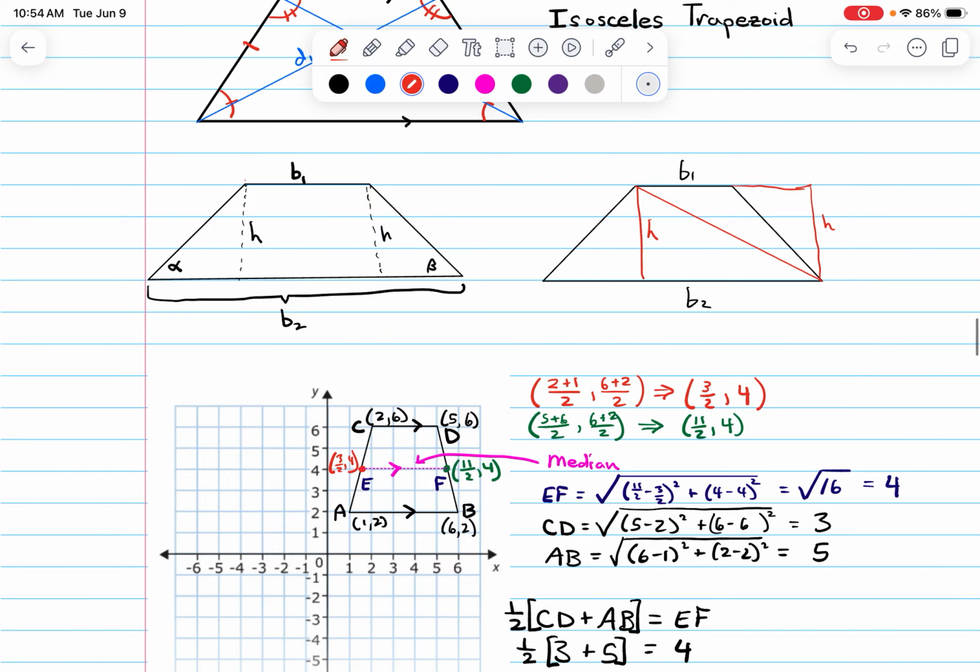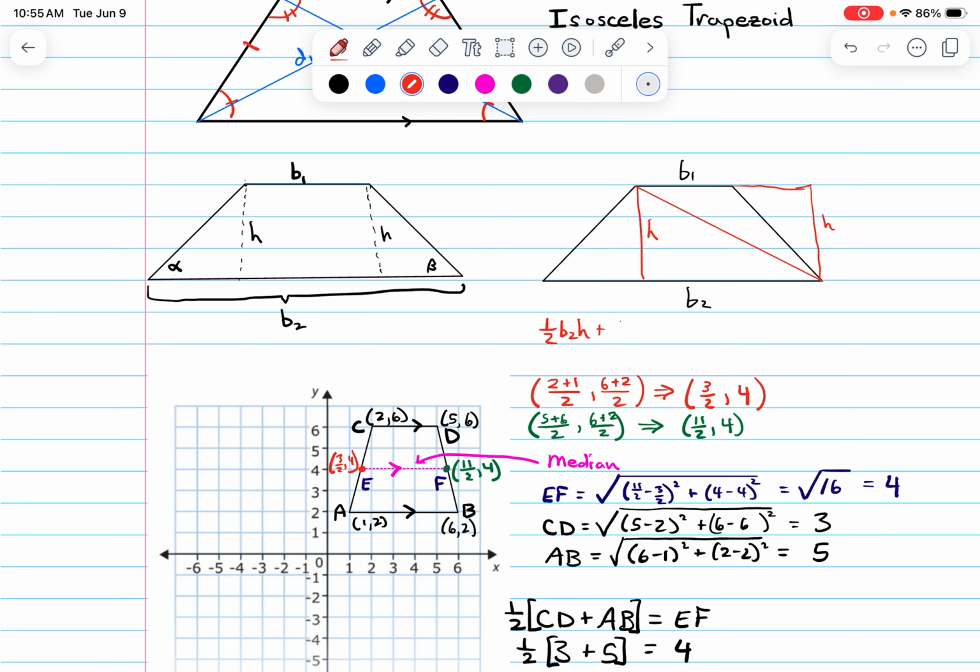Now, if I want to talk about the area of this triangle down here, it's going to be 1/2 base times the height. And then if I want to talk about this upper triangle over here, it's got a height too. You know, height's perpendicular to the base.